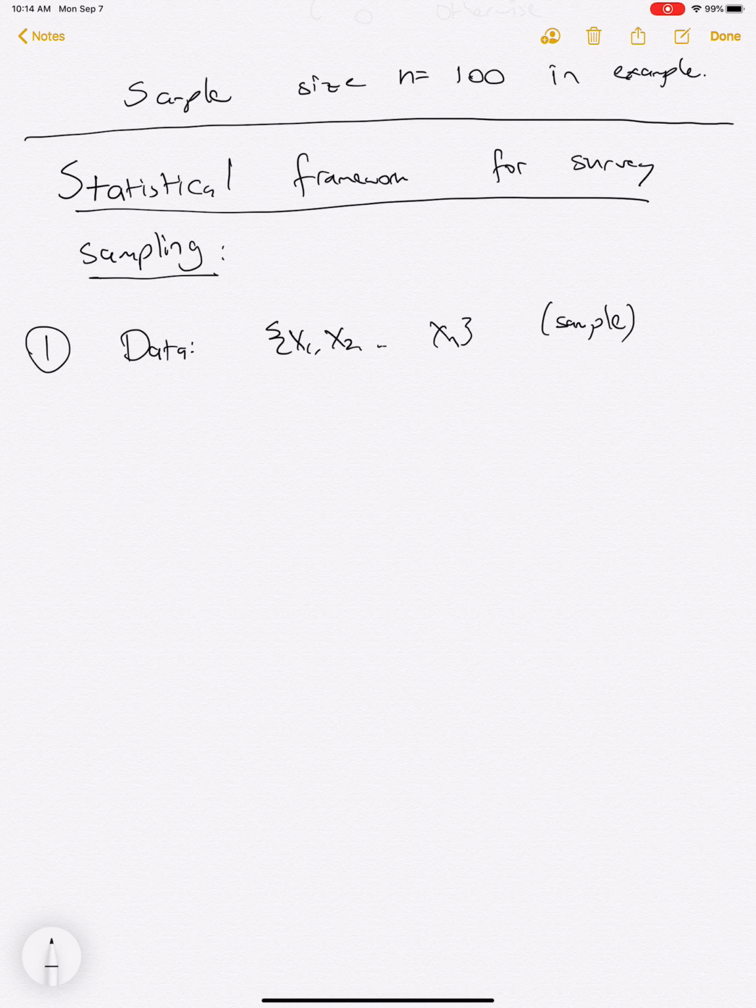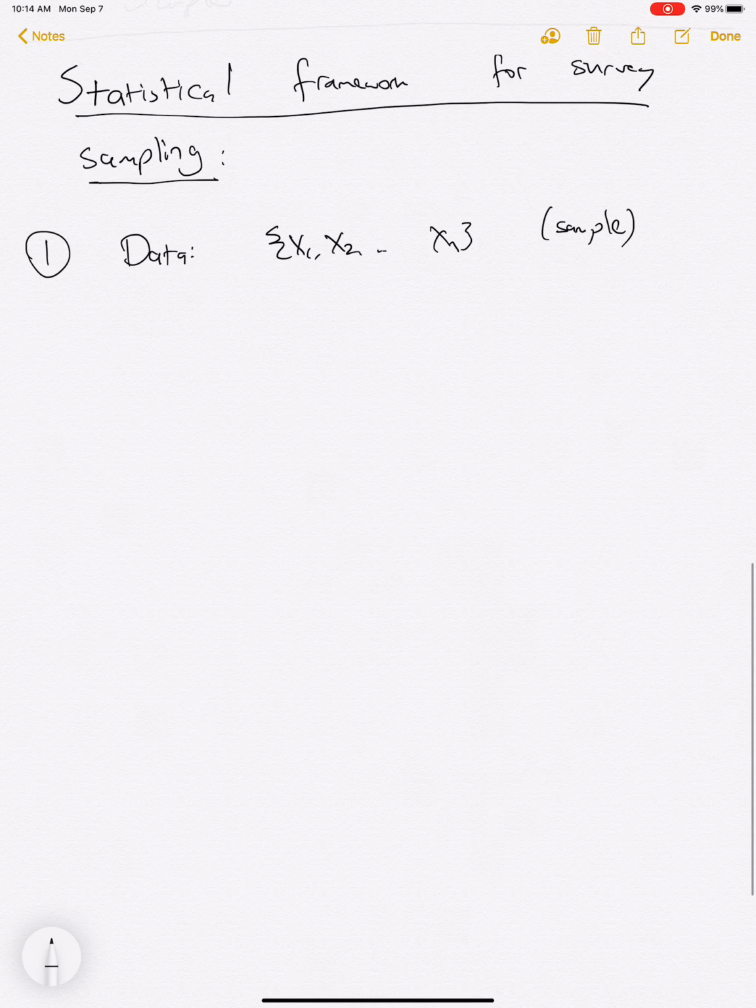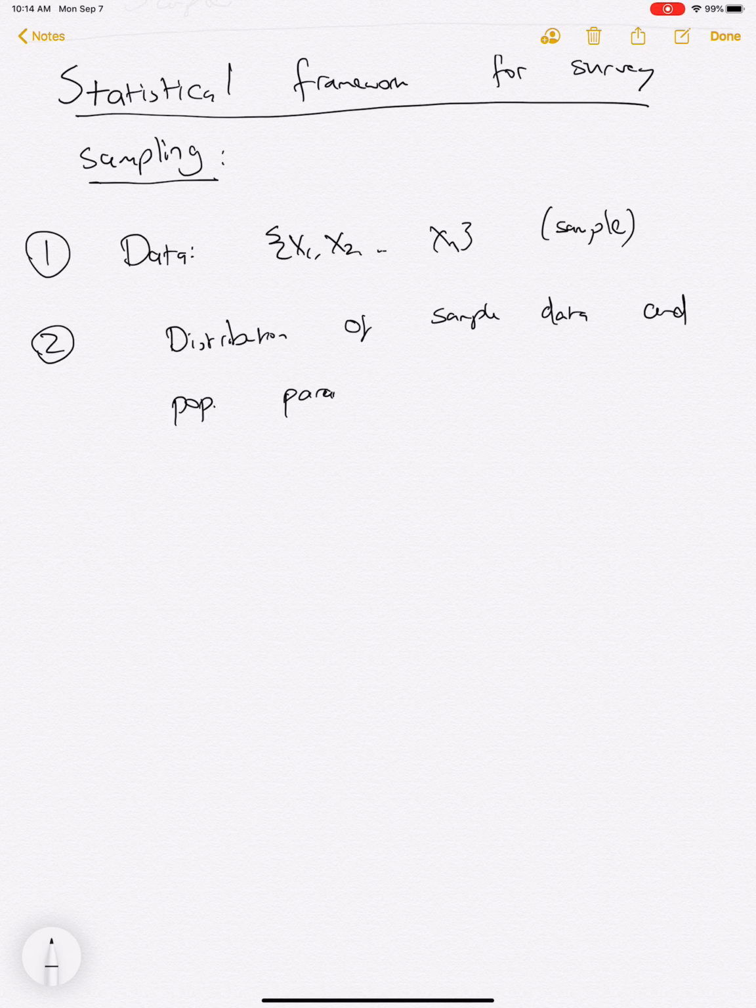That's something you don't know, and you're trying to infer from the sample. The second component is the distribution of the sample data, and the population parameters. So we're going to first talk about that. We talked about this in the previous lecture, but we're going to reinforce it here.